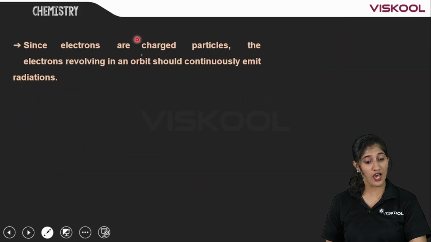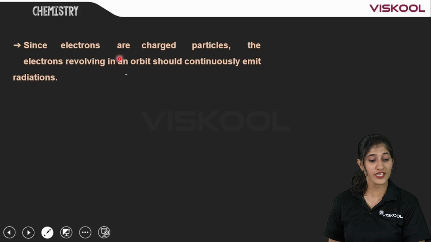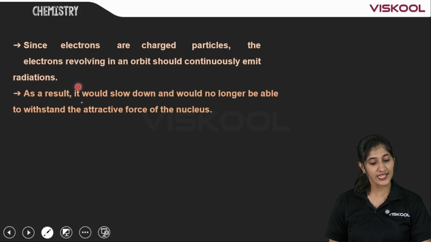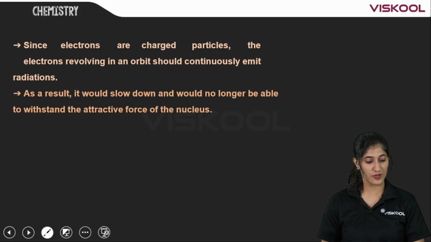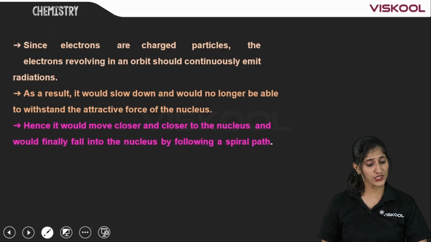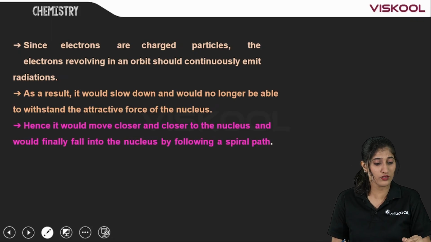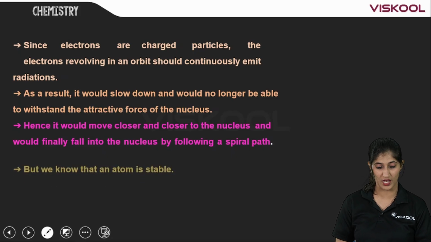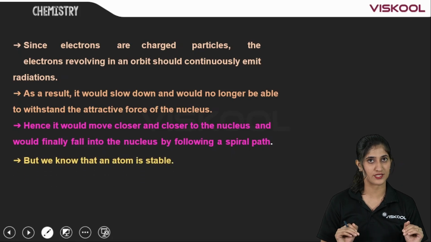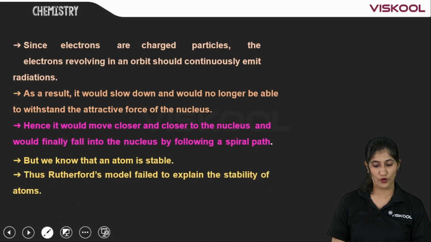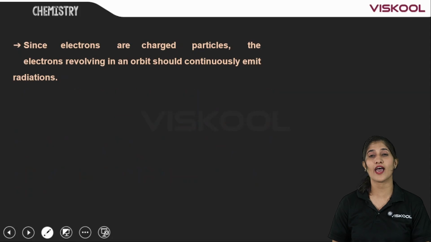Since electrons are charged particles, electrons revolving in an orbit should continuously emit radiation. As a result, it would slow down and would no longer be able to withstand the attractive force of the nucleus. Hence, it would move closer and closer to the nucleus and would finally fall into the nucleus by following a spiral path. But we know that atom is stable, so he could not account for this. Thus, Rutherford's model failed to explain the stability of atom.